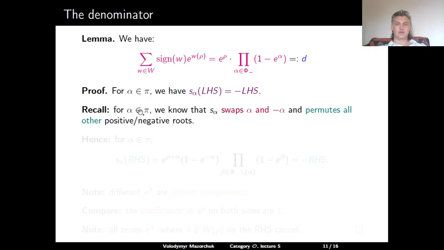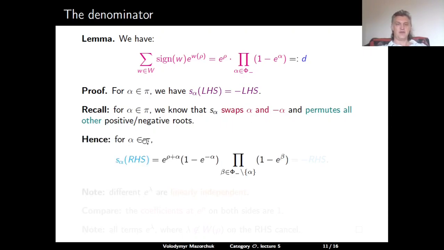Recall that for a simple root alpha, we know that the corresponding simple reflection S alpha swaps alpha and minus alpha and permutes all other positive and all other negative roots. So it permutes all other positive roots and it also permutes all other negative roots.